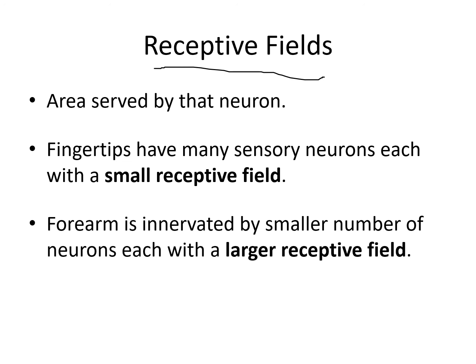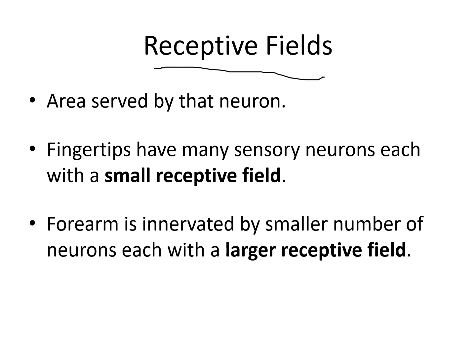Now, the difference between these two is that having a smaller receptive field gives you much higher resolution of the stimulus that's activating these receptors. Similarly, in the forearm, with fewer receptors, each with a larger receptive field, you don't have quite that fine resolution as you do in, let's say, your fingertips.